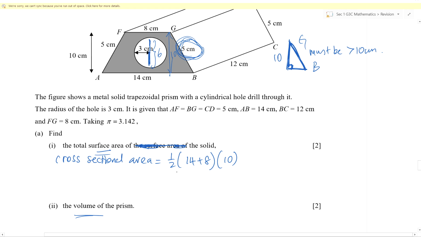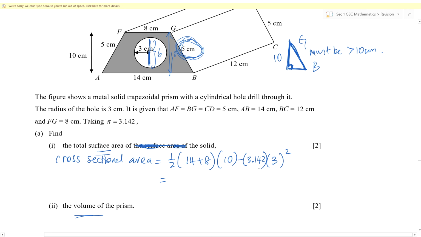Okay, now, so cross-sectional area is half times sum of parallel sides times the perpendicular height minus pi r squared. Oh, they asked us to use 3.142, okay. So minus 3.142.